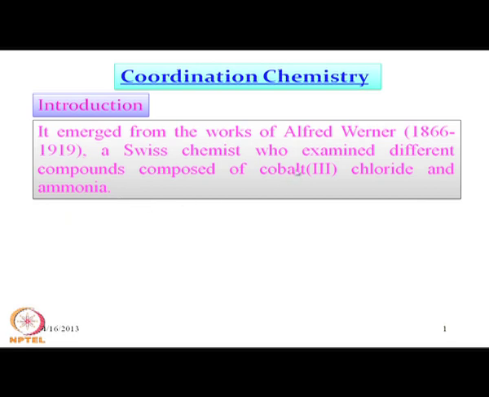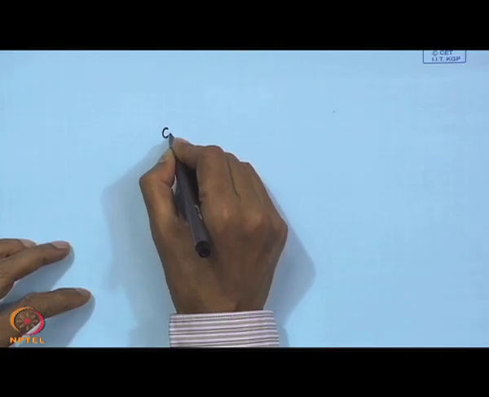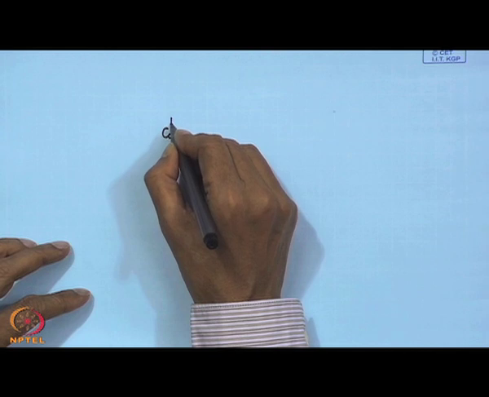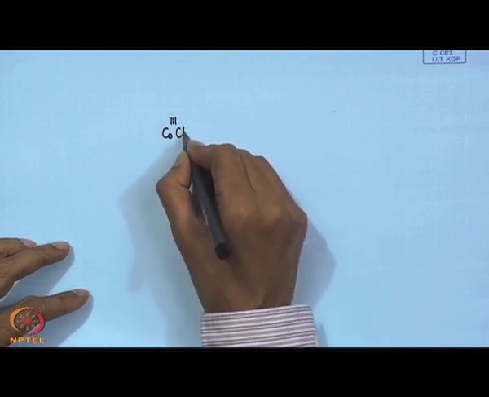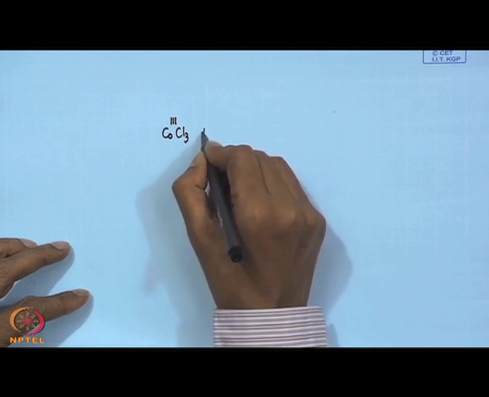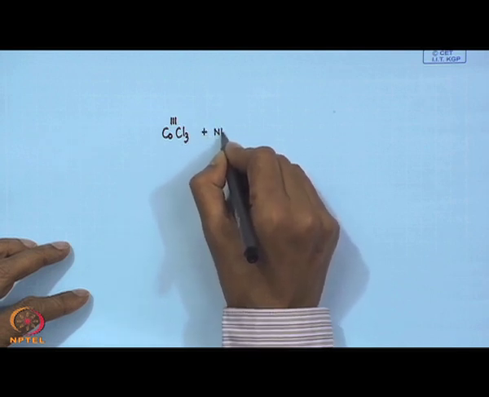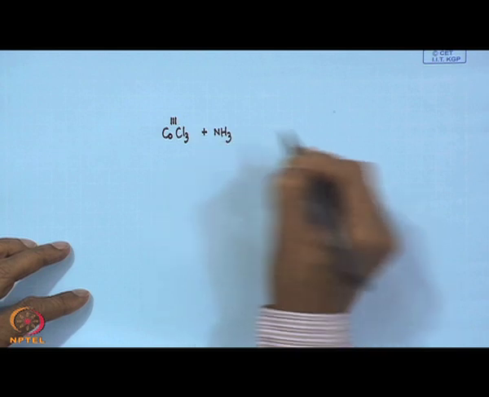So, whether specifically this trivalent cobalt, present as cobalt 3 plus, is interacting with ammonia. So, what we are talking about is the interaction of cobalt 3 chloride with ammonia.